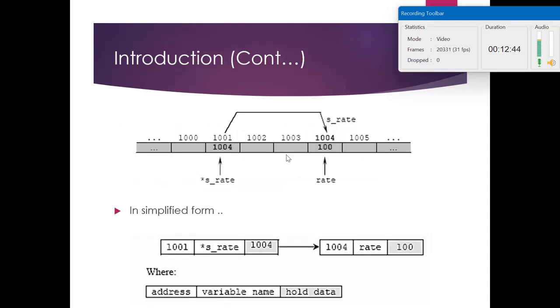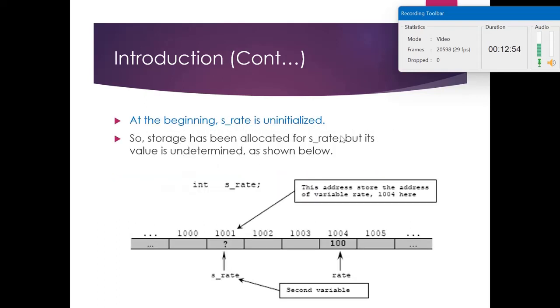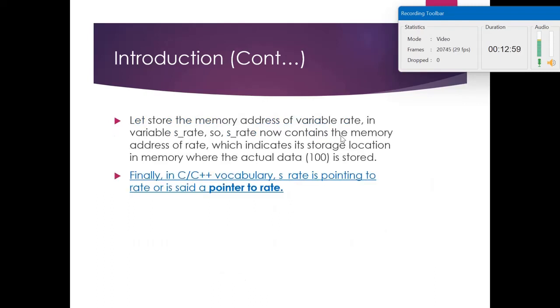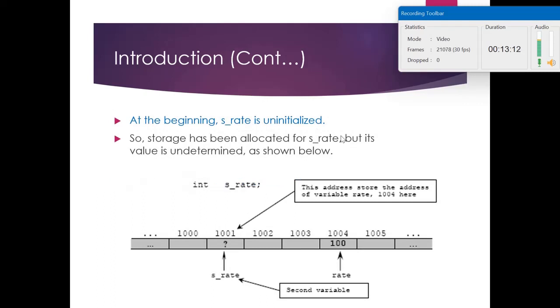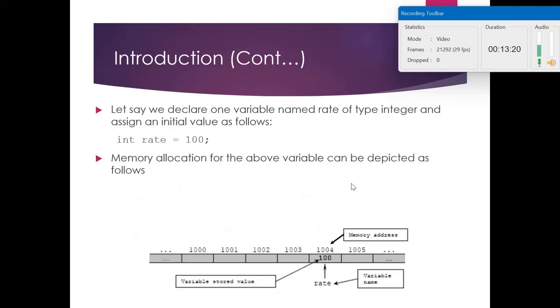Here I want to store this memory address, which is 1004, in this s_rate variable. Finally, in C++ vocabulary, s_rate is pointing to rate, or it is said to be a pointer to rate. Here this s_rate variable is pointing to this rate variable.